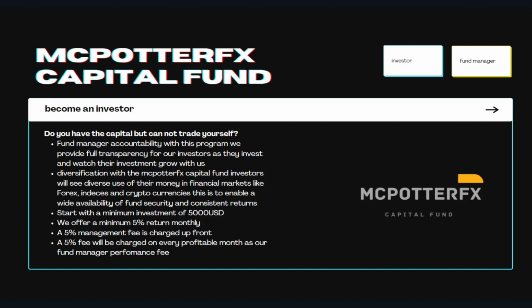So a person who wants to invest in the capital fund will need to start with a minimum investment of $5,000 US, and we offer a 5% return monthly. But in order for you to become this, you will need to pay a management fee of 5% up front.